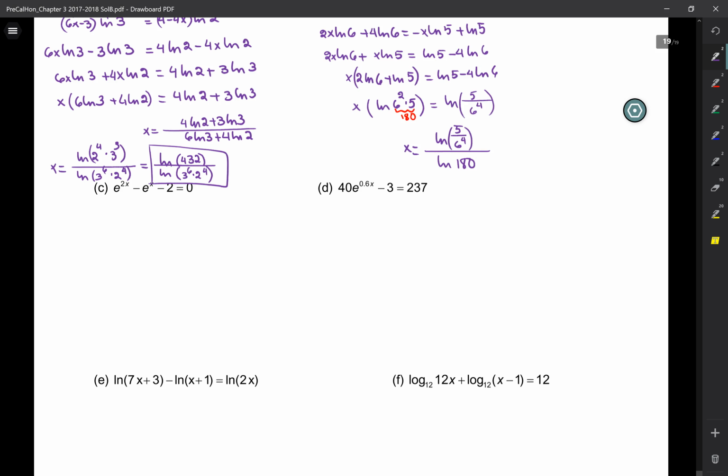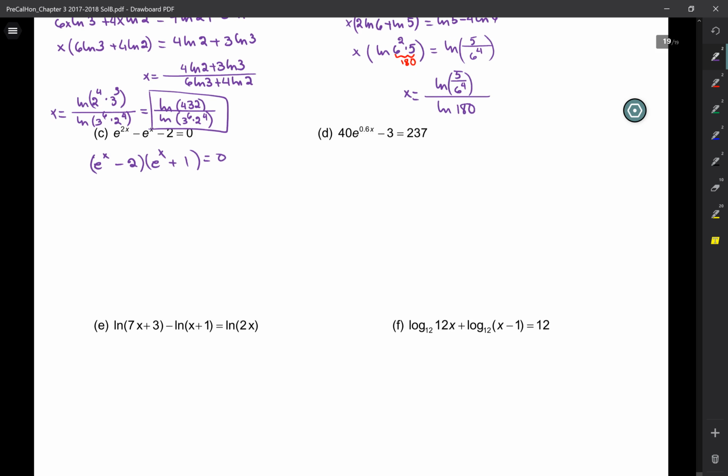Okay? So let's do one, shall we? Here. E to the x and e to the x makes e to the 2x. And now two numbers to multiply to negative 2 and add to negative 1. I am going to go with negative 2 and plus 1. Now I set these individually to 0.